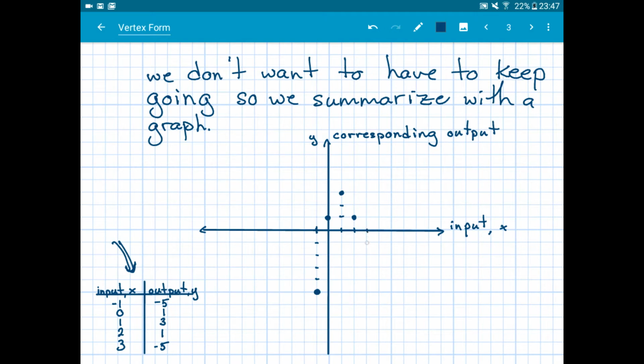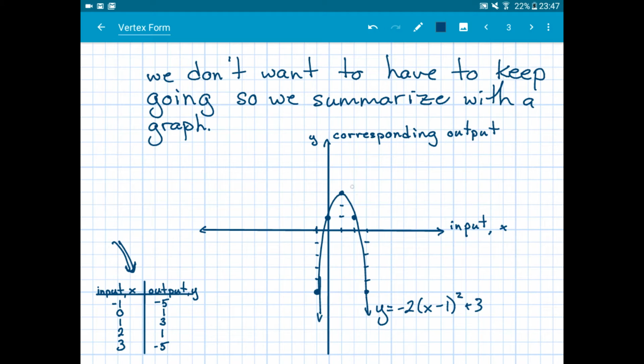And then 3, -5. 1, 2, 3, 4, 5. Up and then down. Okay, label it with the summary of what this rule is. y equals -2 times (x minus 1) all squared plus 3.